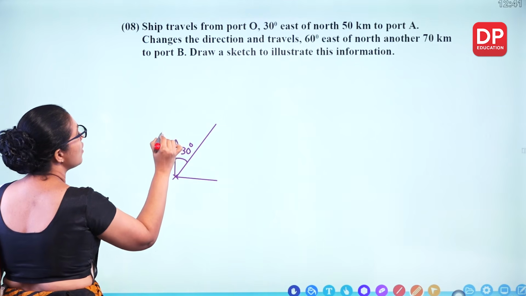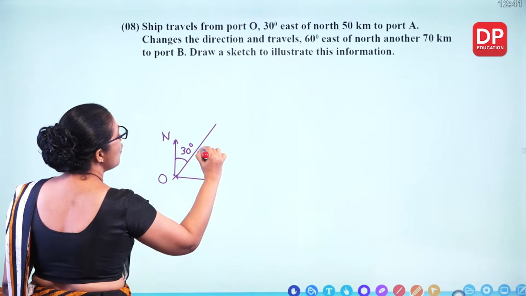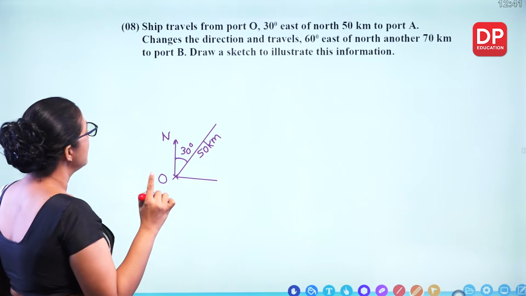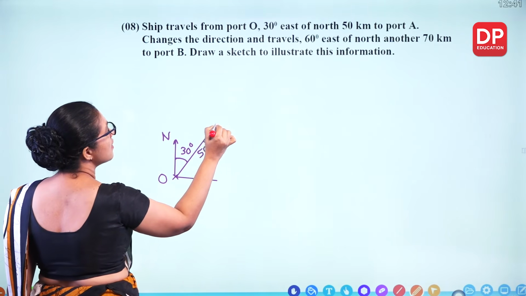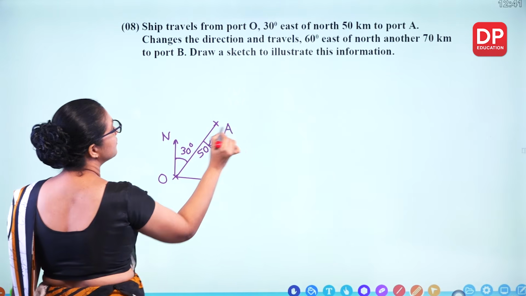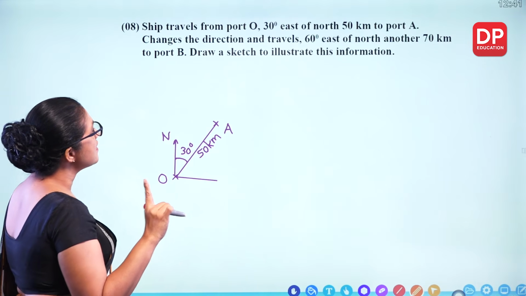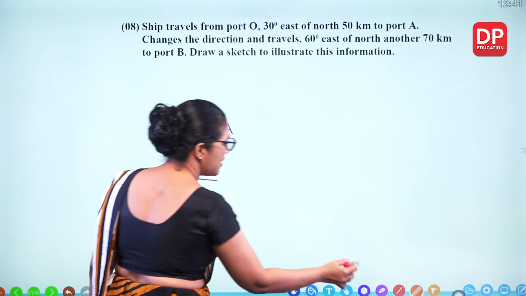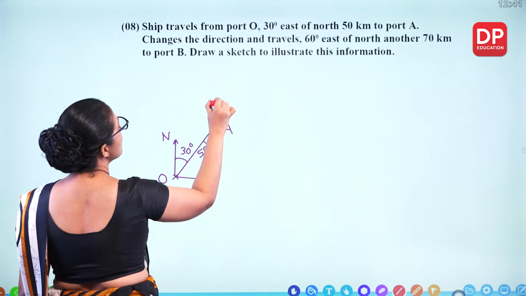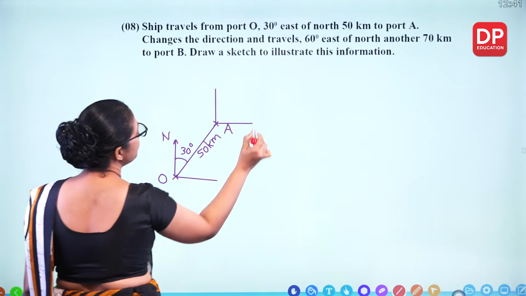This is north, and 50 kilometers to port A. This is A. Now it changes direction and travels 60 degrees east of north. So we need the main directions again.